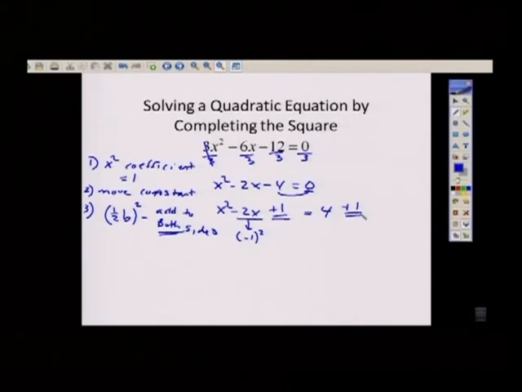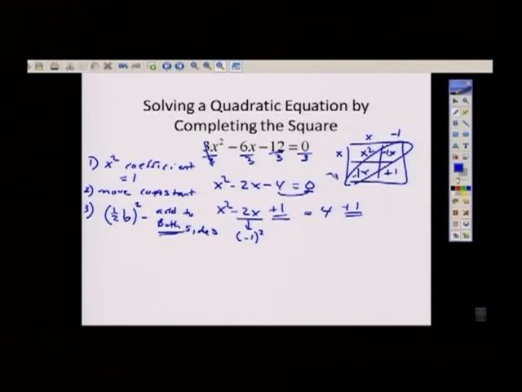I'm now going to take the left-hand side and factor it. You could factor it by hand. You do x and x. 1's going to be 1 and 1. It gives me a 1x and a 1x. But I wanted to add up to the negative 2x here, so both of those terms have to be negative.